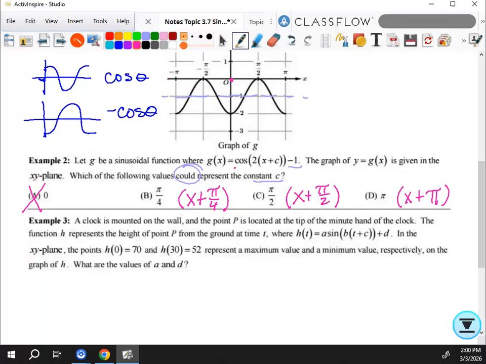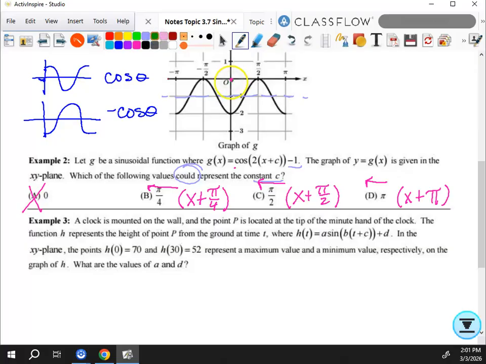X is still a liar, which means since what we see in there is x plus pi, we are actually going to the left. All 3 of these represent a shift to the left. Okay? Everybody good with that? Because I don't want you getting all that confused. I made a big deal about c, because it is a big deal, but not everything changes. Still have the same rules.